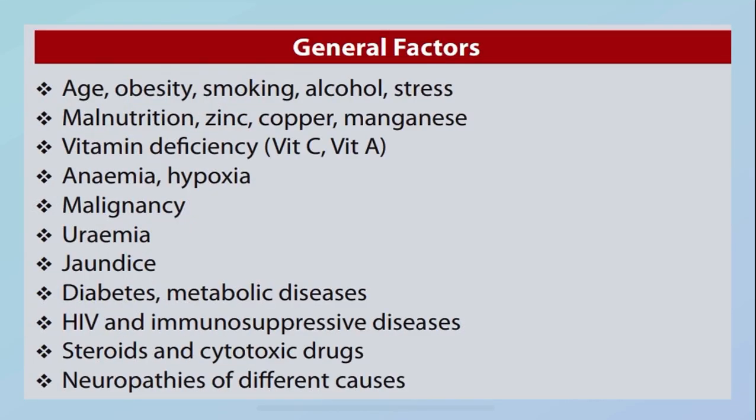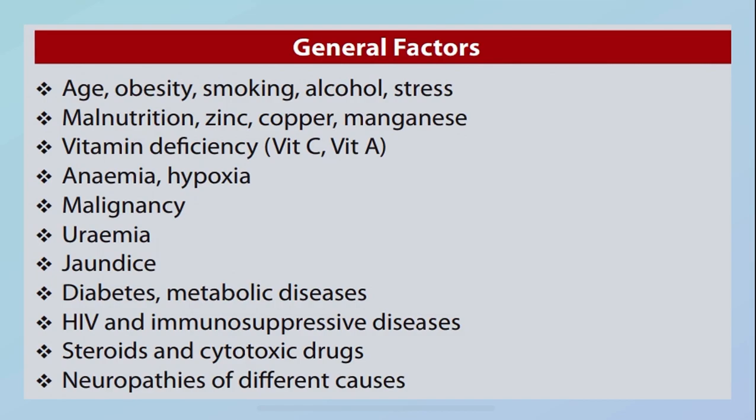The general factors: the age. Now we saw in the younger it is fast, whereas in elderly it is quite delayed. Obesity, smoking, alcohol, stress, the malnutrition, zinc, copper, manganese, and the vitamin deficiencies like vitamin C and vitamin A. We saw in particular what these deficiencies will alter.